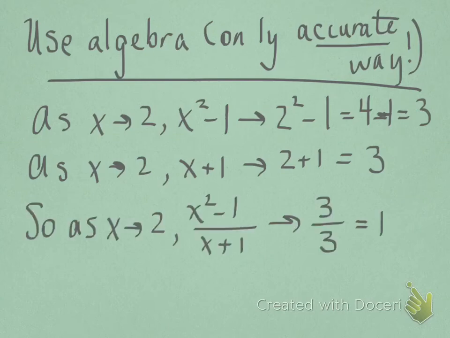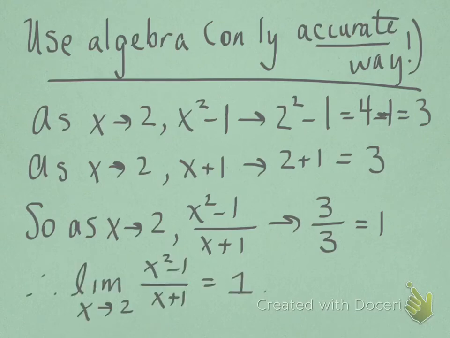So as x goes to 2, the quotient x squared minus 1 over x plus 1 is going to 3 over 3, which equals 1. And so that's an algebraic proof that the limit as x goes to 2 of x squared minus 1 over x plus 1 is equal to 1, just like we said it was. So we used algebra to show what we already knew via numerical approximation and via a graph.